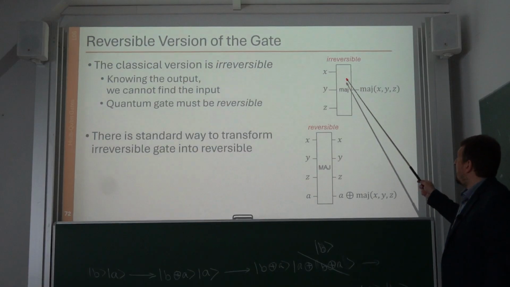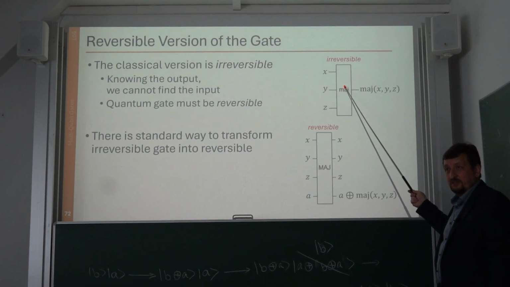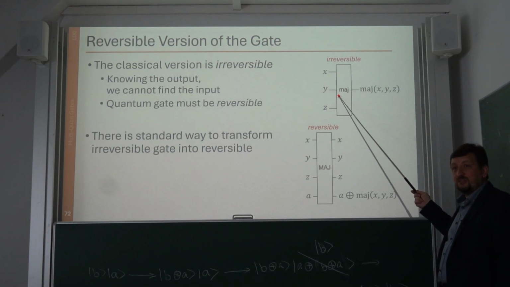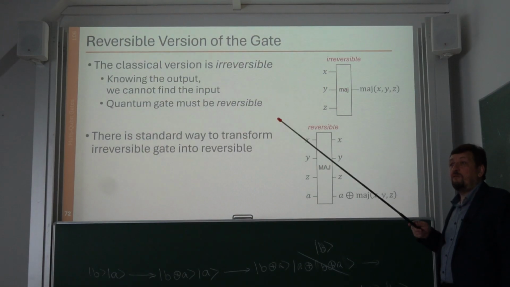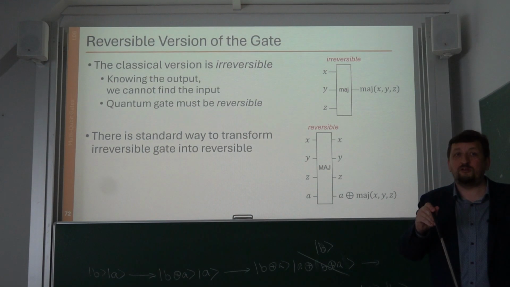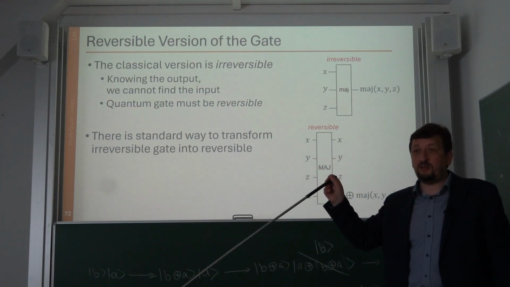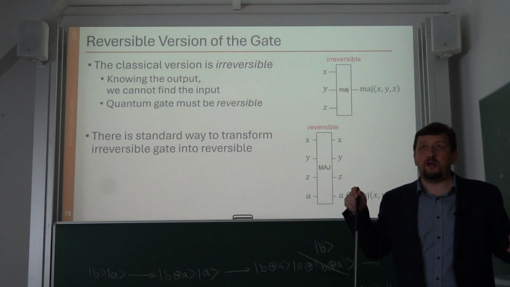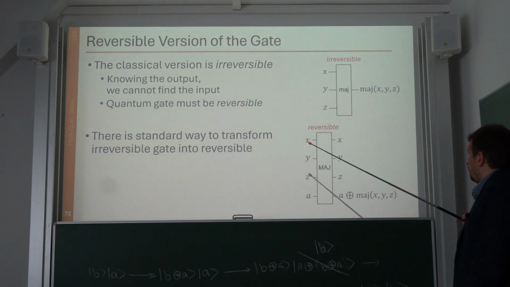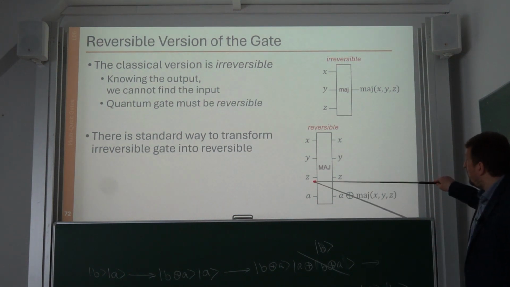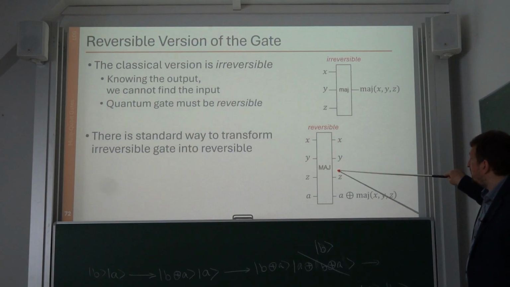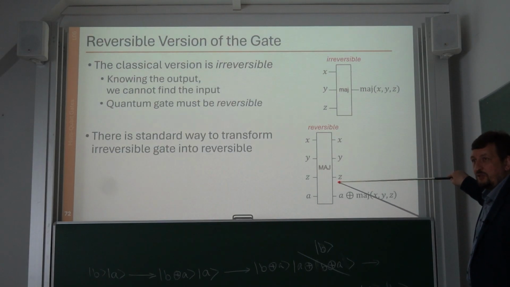First of all, we cannot build a gate like this because it is an irreversible gate. It has 3 inputs and 1 output. But there is a standard way to turn an irreversible classical gate into a reversible gate that can be realized in a quantum computer. This is the reversible version. It has 3 inputs and it leaves these inputs as output without any changes.